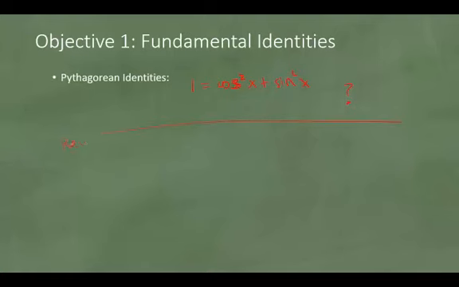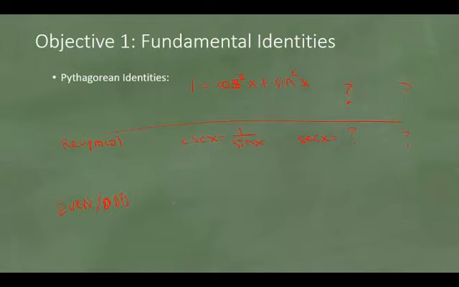We also had the reciprocal identities. Remember, that was that cosecant of x is equal to 1 over sine of x. And there were two more, one for secant x and one for cotangent of x. Can you remember the other two? Another important fundamental identity was the even and odd identities.